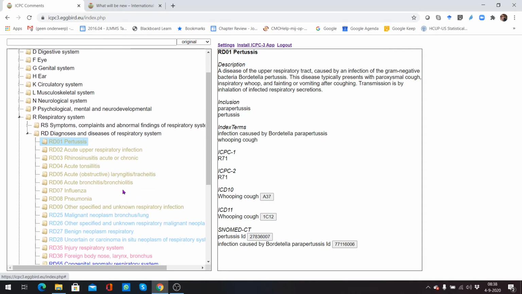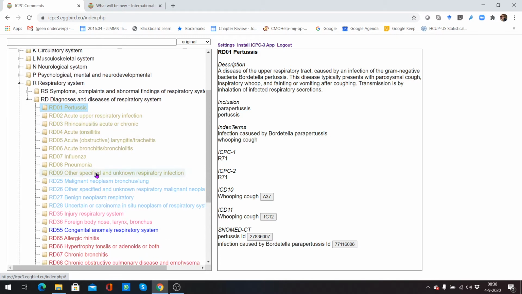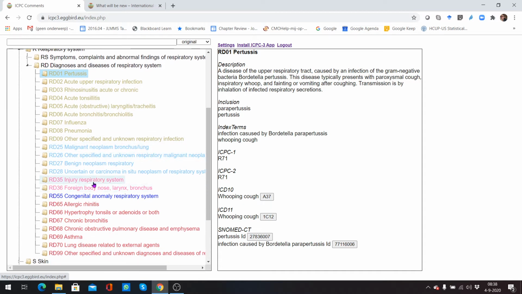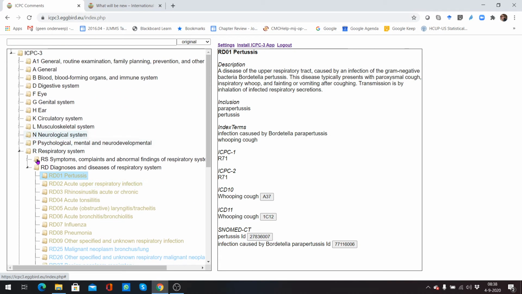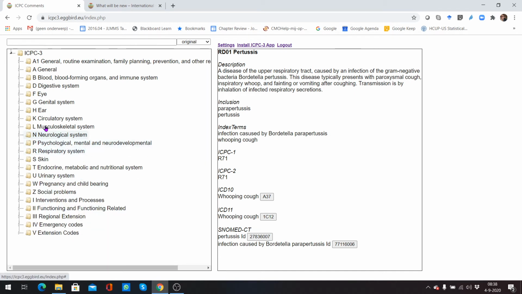If you look at the left side, you see the classes all show a color. The color attributes in the disease component indicate the etiology. These are the infections, the blue one neoplasm, then the injuries, congenital, and the other diagnosis. I will close this one.